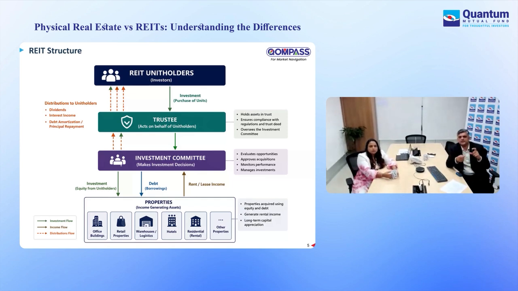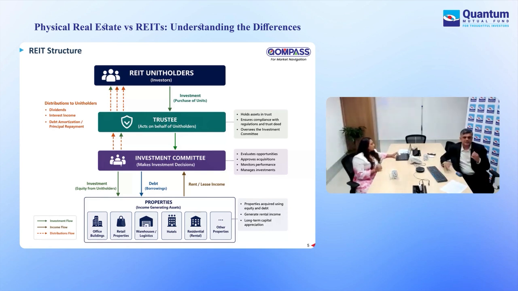So instead of 100 rupees, they're taking another 50 rupees of additional leverage, and they're investing 150 rupees into the set of assets. These assets in turn are generating rentals, and those rentals we are getting as a return in the form of dividends, interest income, and debt amortization. And I'll explain in a further slide how this works.